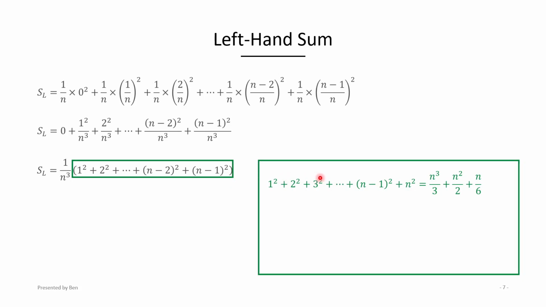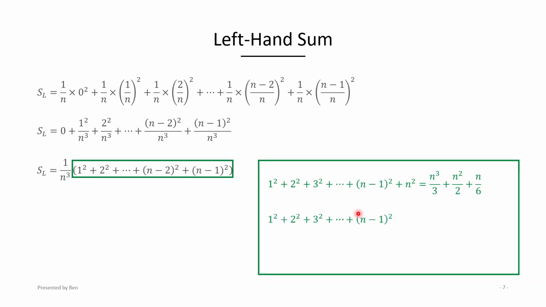If you didn't know this formula before, don't worry about it, just use it directly. If you have any question, just let me know in the comments and I will try my best to answer it. So this formula says the sum of squares of numbers from 1 to n equals this.